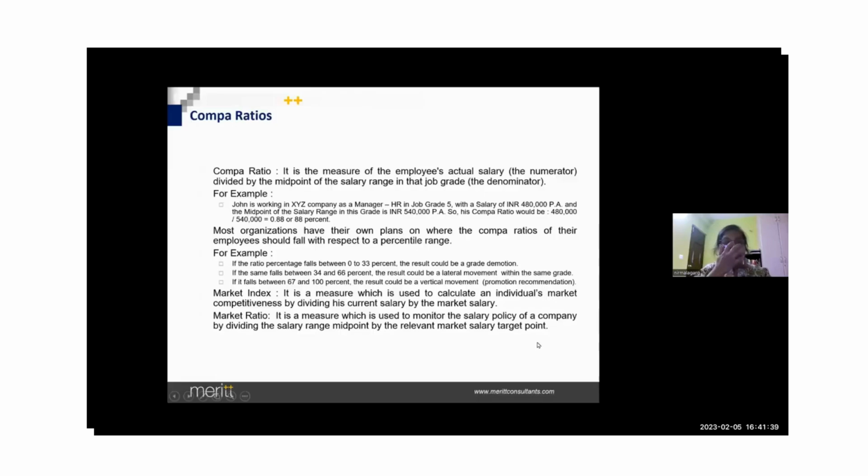So comp ratio: the same thing can be looked at against the market midpoint or median, what we call it. You can also see how far it is from the market midpoint using comp ratio. I'll give you some data to do quickly.